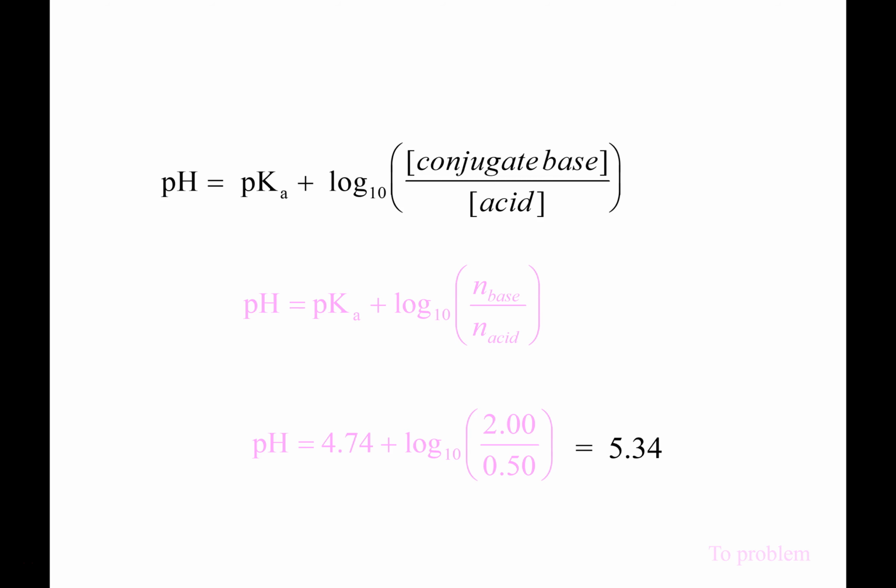So remember, when we get into the log function, we can show sig figs as trailing places after the decimal. So your pH at that point in the titration will be 5.34. Okay, so that's 1 of 3.